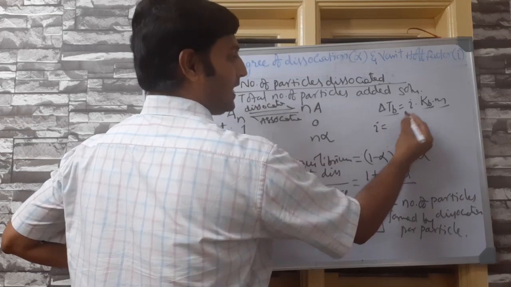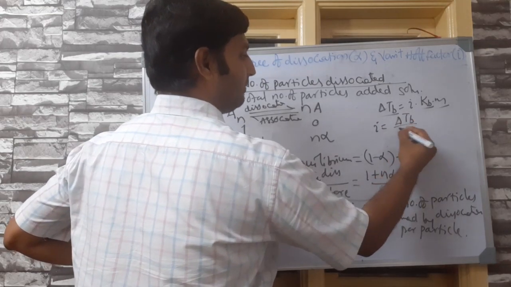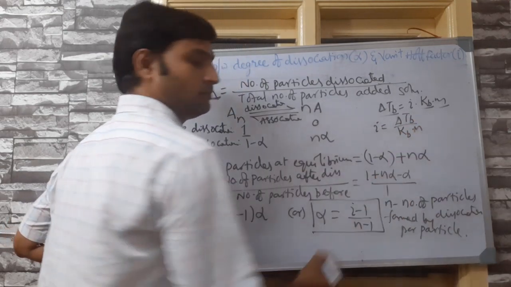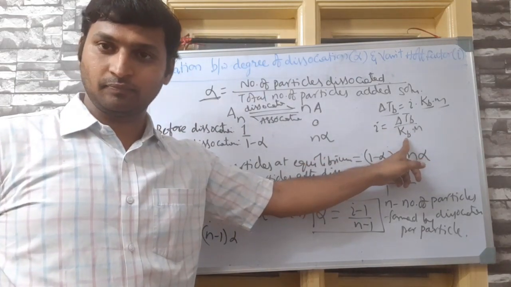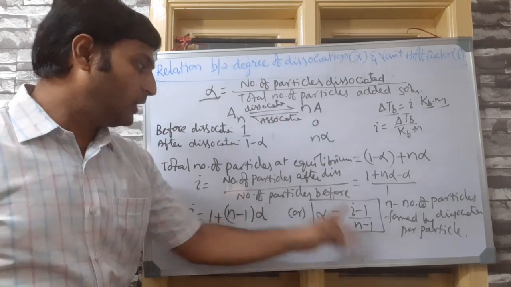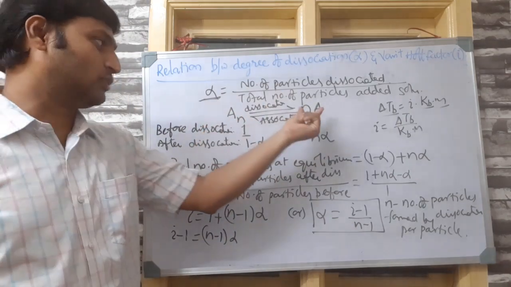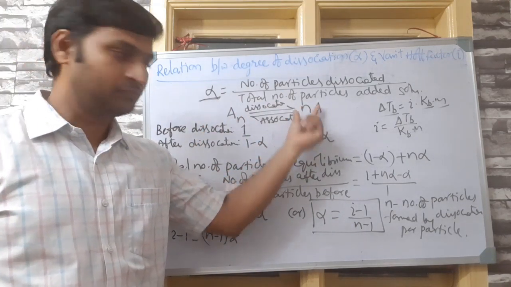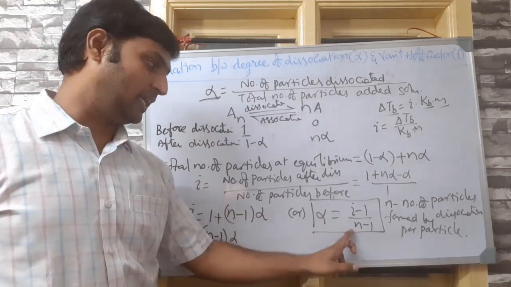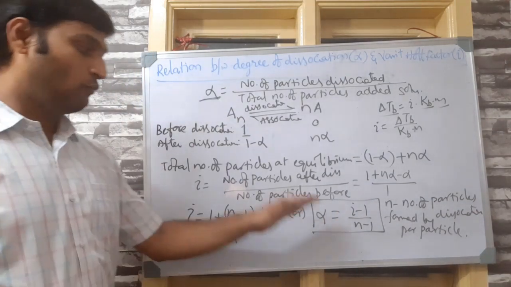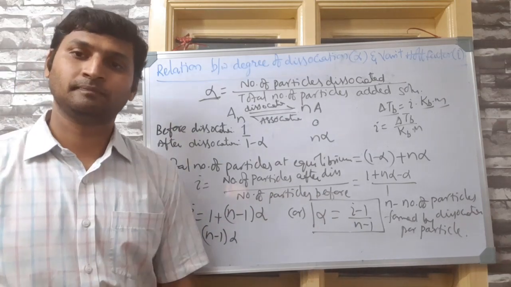Now you find out i is equal to delta Tb divided by Kb into m. So i will be determined from experimental results, and n will be known theoretically. You know how it dissociates and how many particles it forms. Then the degree of dissociation can be calculated. Alpha is equal to (i minus 1) by (n minus 1). Very, very, very important formula.